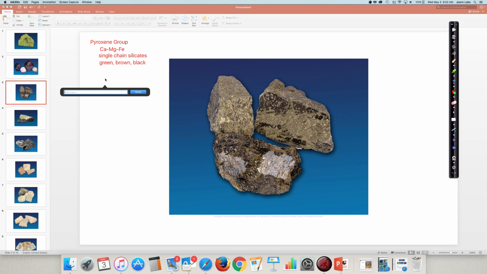Because they're single chains, and the chains are basically the strongest point because the silicon and oxygen are covalently bonded, and then they ionically bond with everything else, you get two cleavage planes at almost 90 degrees.